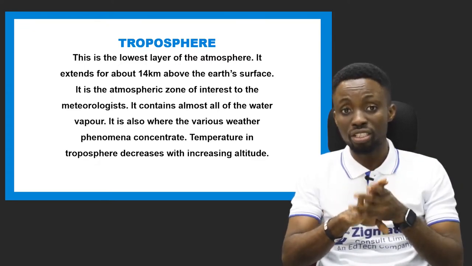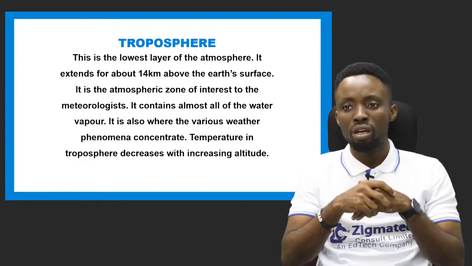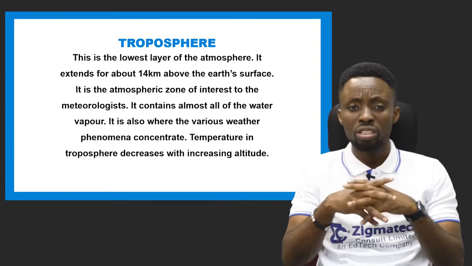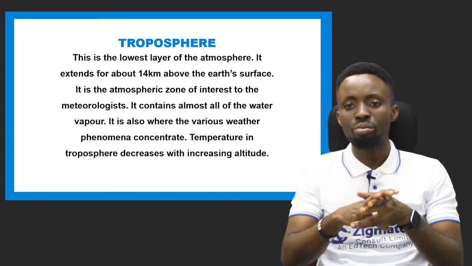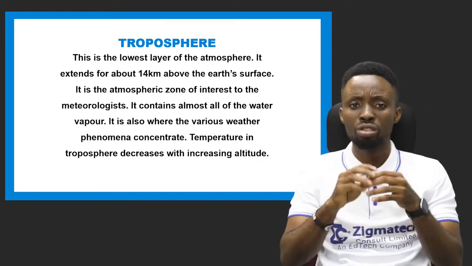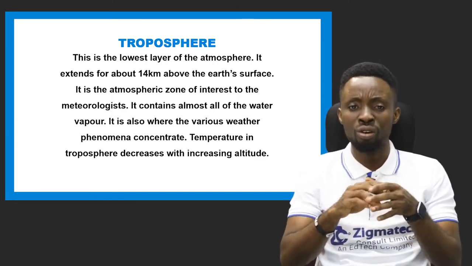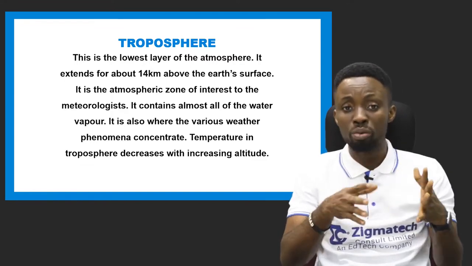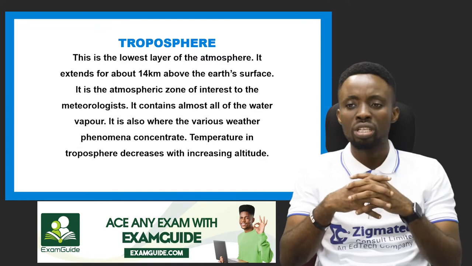It's a very essential layer of the Earth, because meteorological activity takes place in the troposphere. Meteorologists study this particular layer of the atmosphere for climate purposes or weather reasons.